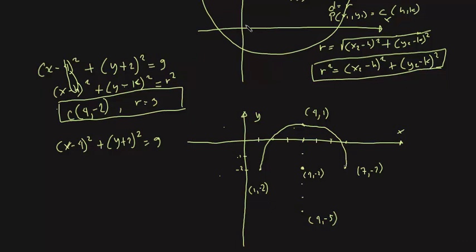From this point to that point is also a quarter of a circle, and also from this point to that point. So I now have every side the same, at 3 units. And this is now the standard form of the circle. That is how we plot a graph of a circle.